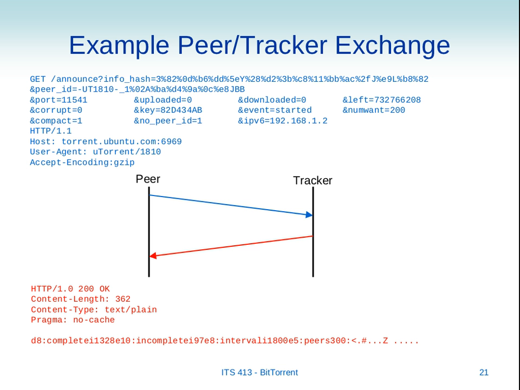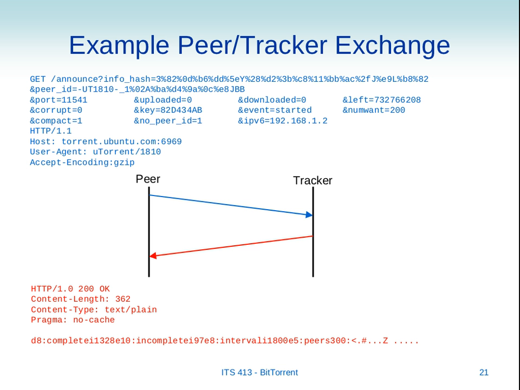Let's see if we can interpret that. Complete, i means the value is an integer, 1328. And then the next field, incomplete, integer 97.